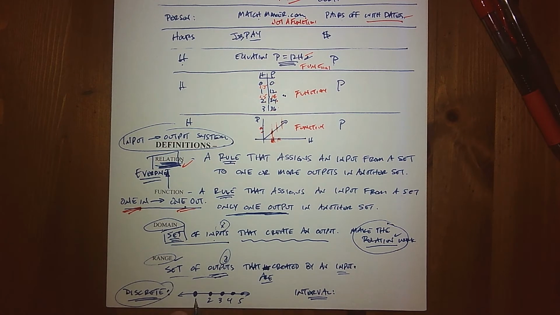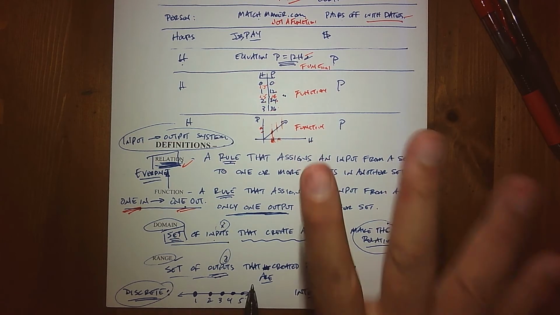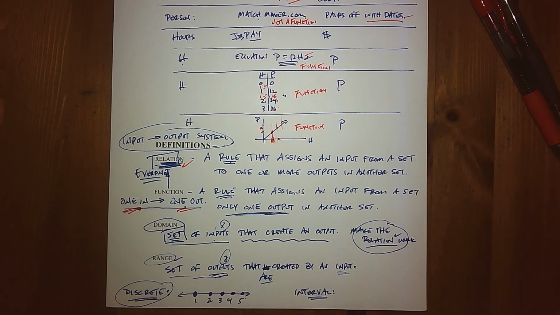So there's distinctly the number 1, there's distinctly the number 2, there's distinctly the number 3, 4, and 5, and nothing in between. So there's only 5 items in this set. And the way we would designate that is we use curly brackets, are the way that we designate that I have a set that's discrete, and then we just simply list the 5 items that are in the set. So I'm basically saying there's only 5 items in that set.